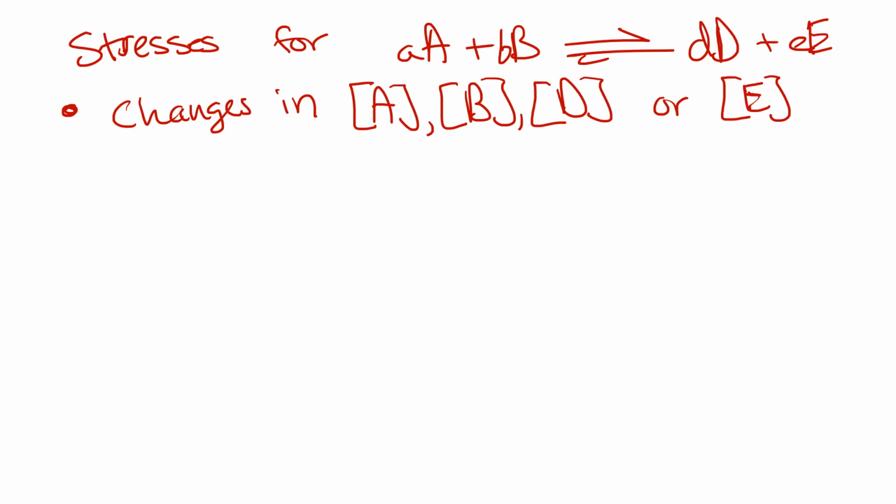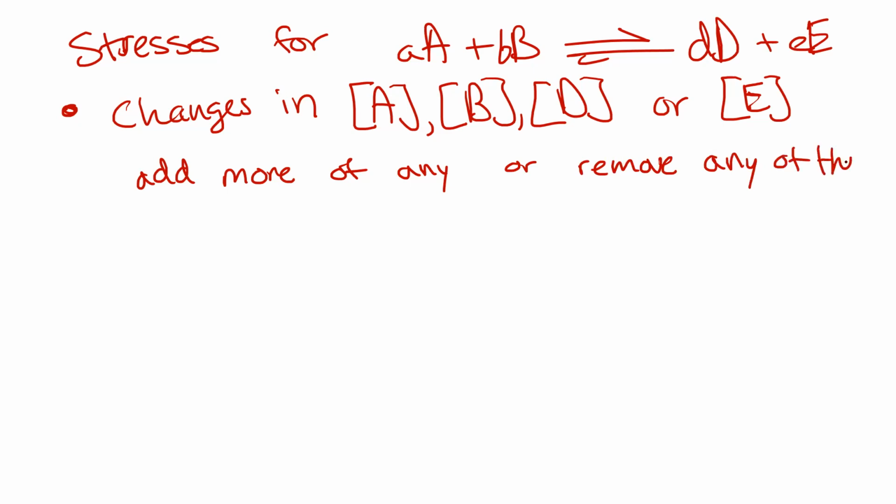It will no longer be at equilibrium. If you add more of a reactant, if you add more of a product, or remove some of these, if you pull out of the container some of these things, that removes stuff from the container. And so it's no longer at equilibrium. The reaction will then speed up. Either the forward reaction will speed up or the reverse reaction will speed up, okay?